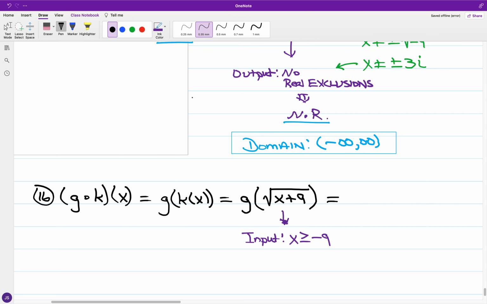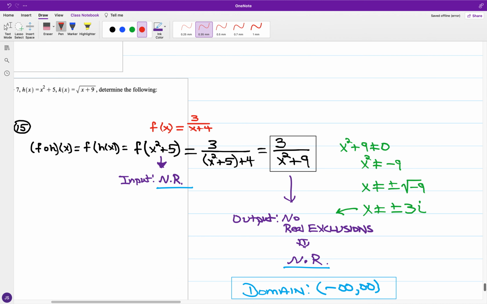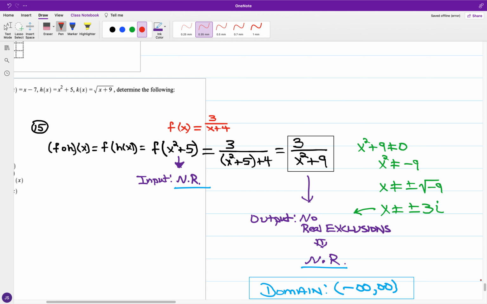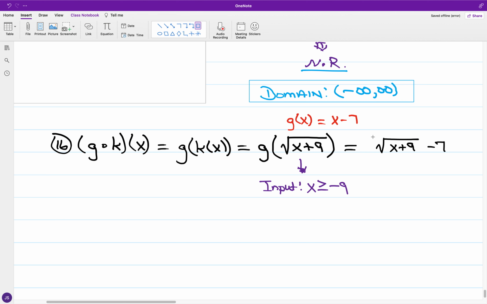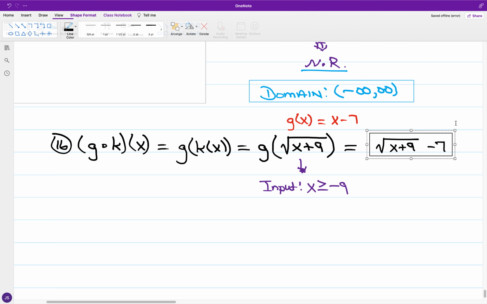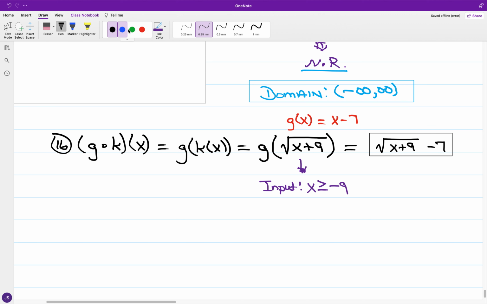And for what we have in the case of operating along the lines of g of x, we have g of x is equal to the input minus 7. So for the final output, this will translate to the square root of x plus 9 followed by the subtraction of 7. And the only restriction, again, is going to stem from the square root of x plus 9.